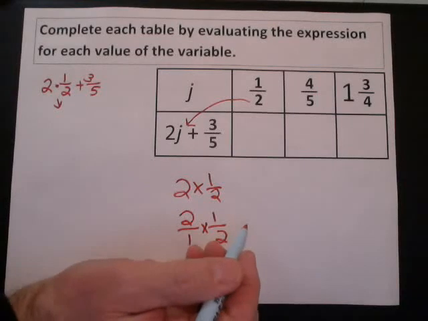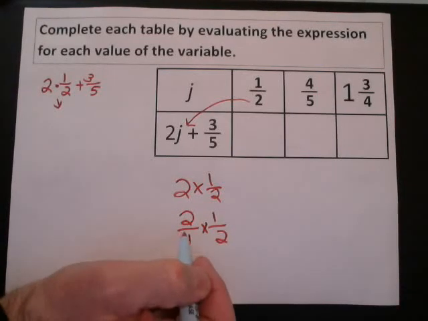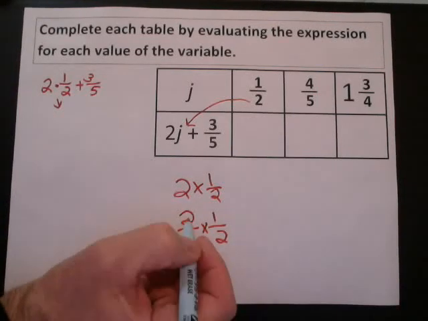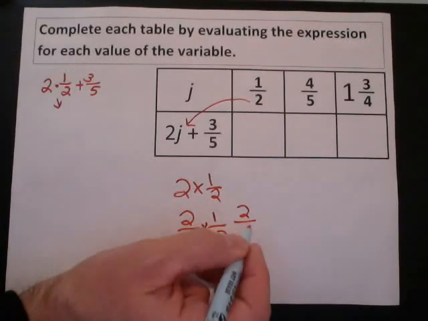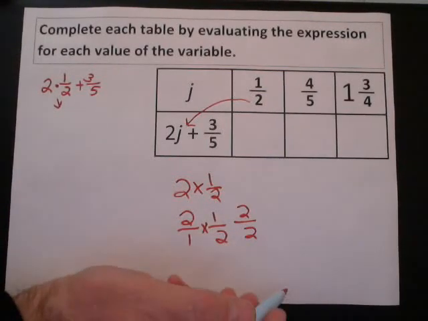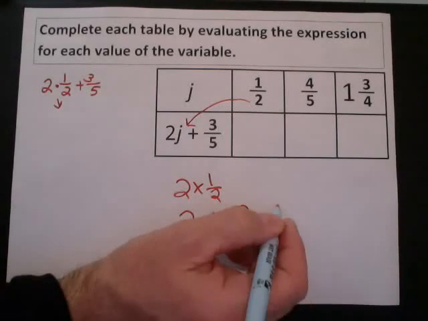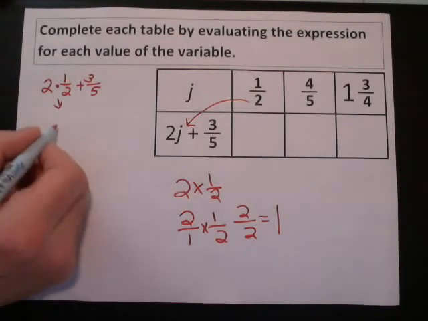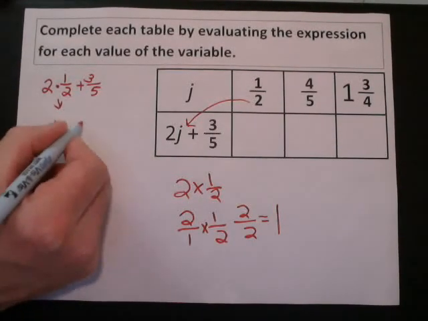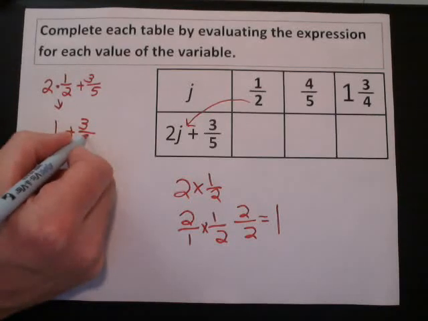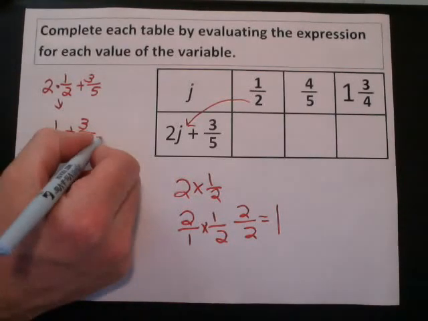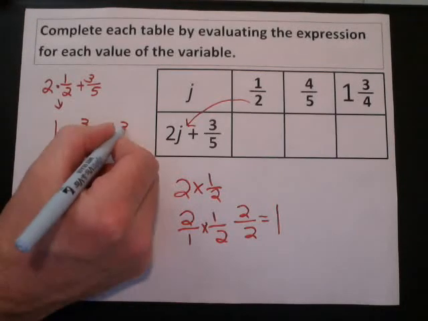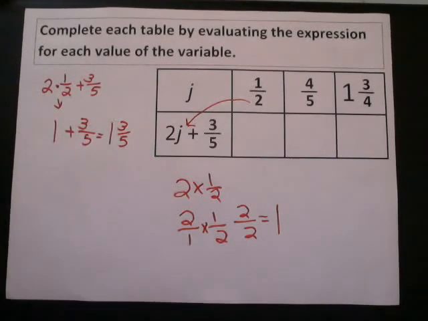Multiply across. 2 times 1 is 2. 1 times 2 is 2. That will give you a value of 1. So now you simply have 1 plus 3/5. 1 plus 3/5 equals 1 and 3/5.